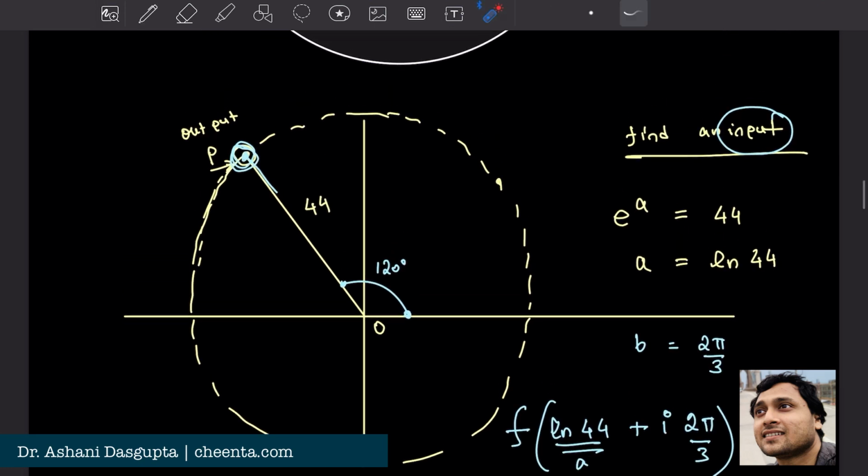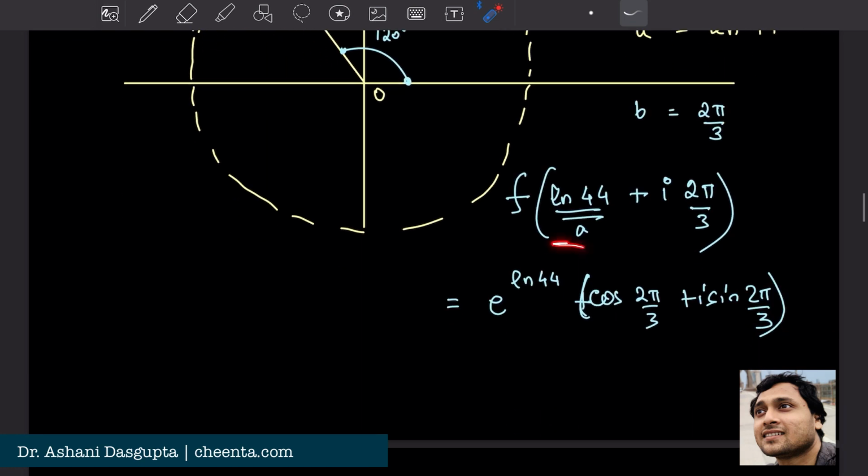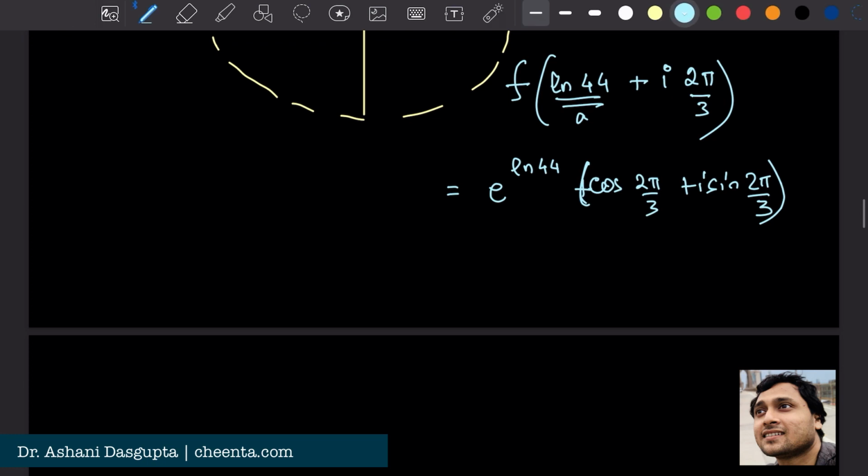So for this particular output point, I found an input point, which is ln 44 plus i 2 pi by 3. And you can find the value of ln 44 using a calculator. I have calculated it from before. ln 44 turns out to be 3.78 approximately.